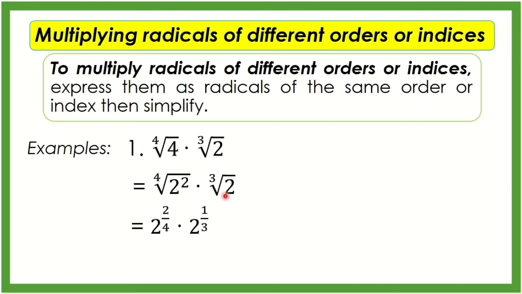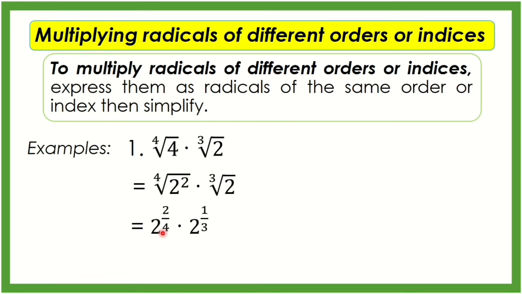Times, ang cube root of 2, pag ni-write natin into exponential form, that is equal to 2 raised to 1 thirds. 1 yung exponent dito, and then 3 yung kanyang order, siya yung magiging denominator.